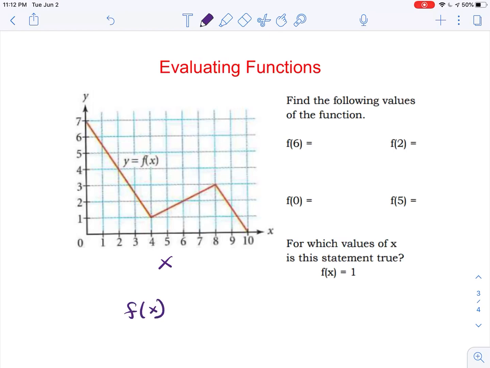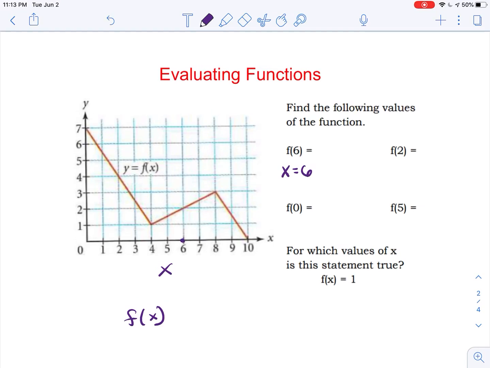So anytime I'm looking for f of a particular x, I can look for it on this axis and find the place on my graph where this corresponds. For example, find the following values of the function. f of 6. That is asking me to find the y value when x is equal to 6.